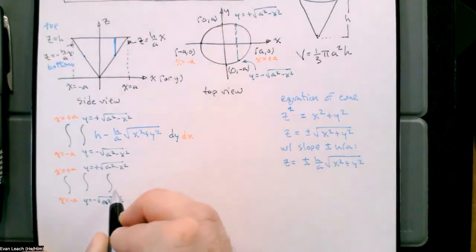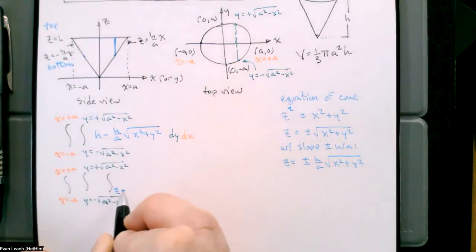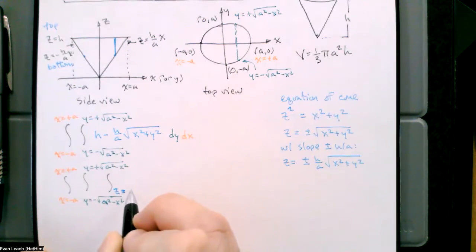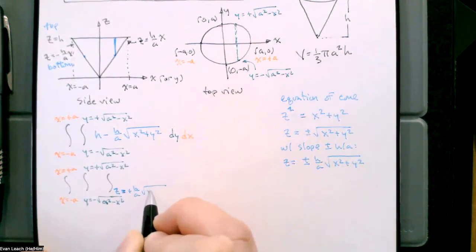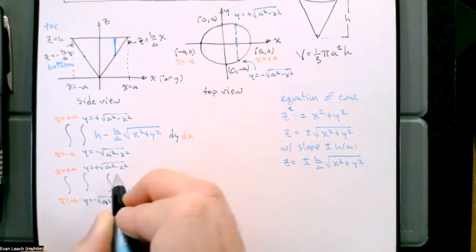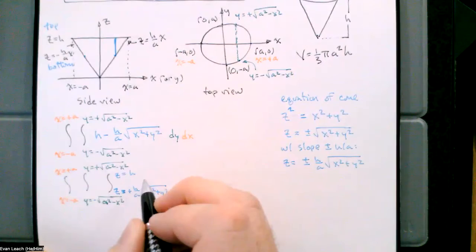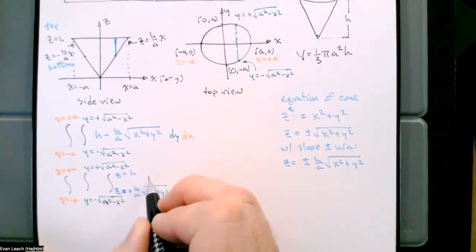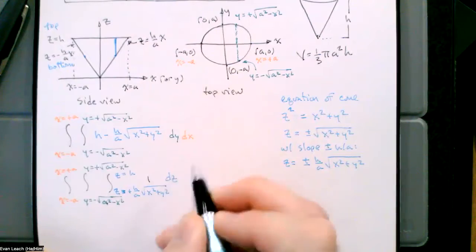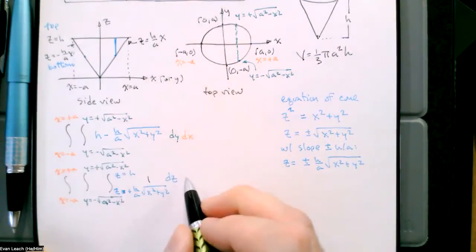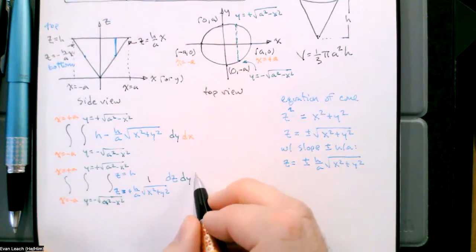So the bottom is the positive square root. And the top is just the flat line h. To get a volume, we integrate the function 1. And the order we picked here is dz, dy, dx.